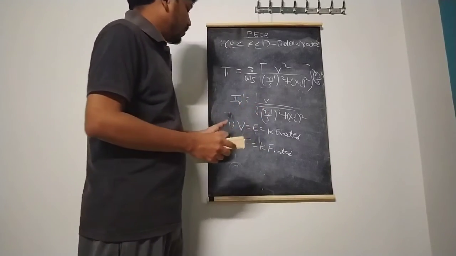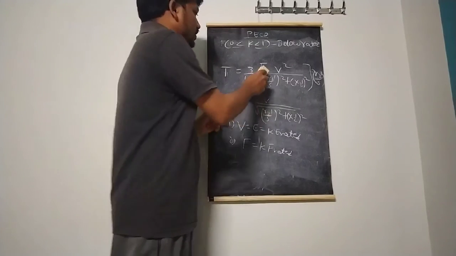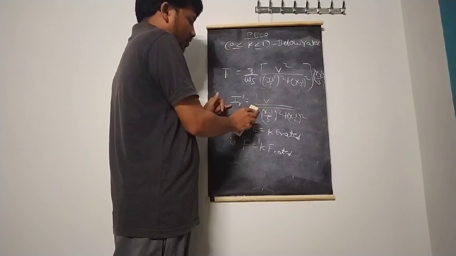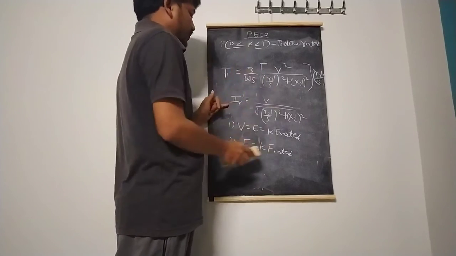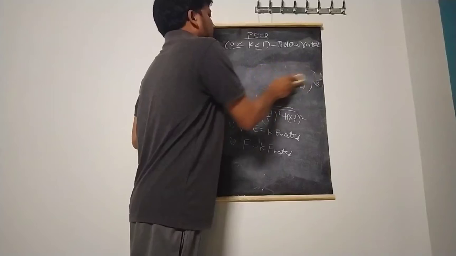So this is about the frequency f equal to k into f rated and V equal to k into E rated. Substitute these equations first in the rotor current, and after that in the torque equation.